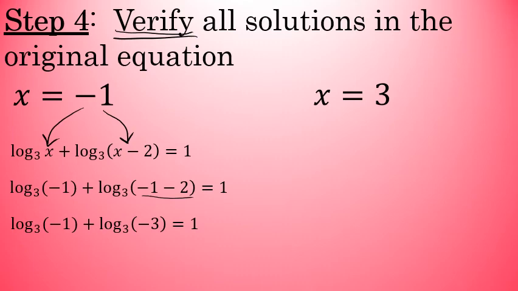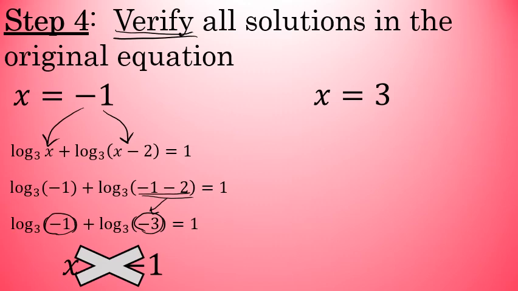And what you can see after you simplify negative 1 minus 2 to get negative 3 is that once you substitute x equals negative 1, you end up with logarithms of negative numbers. And that is, again, outside of the domain of a logarithm. So x equals negative 1 is not a solution to this equation. Not a solution.